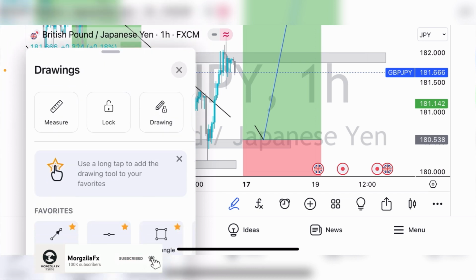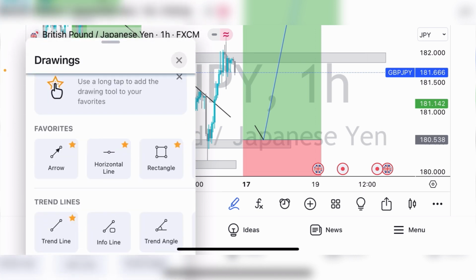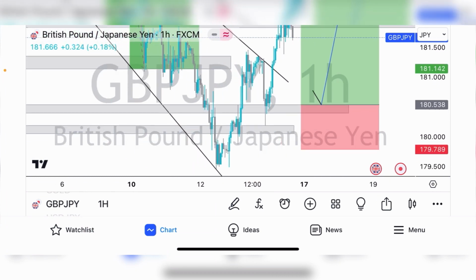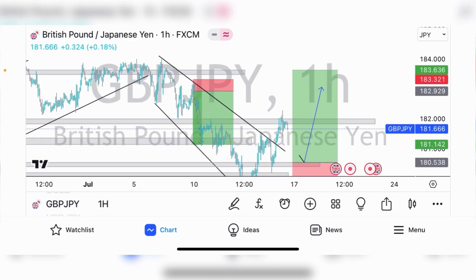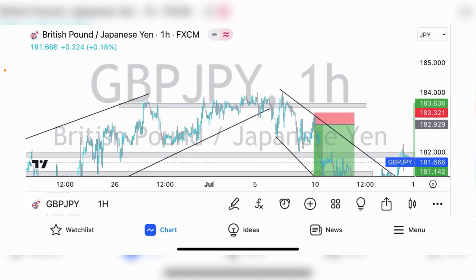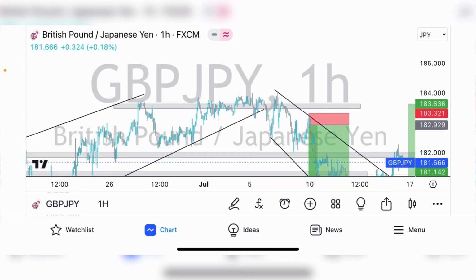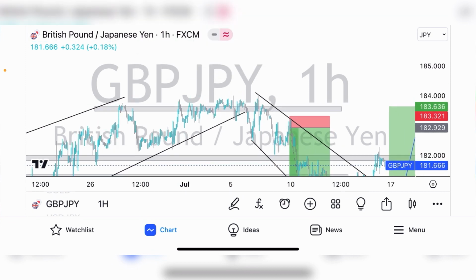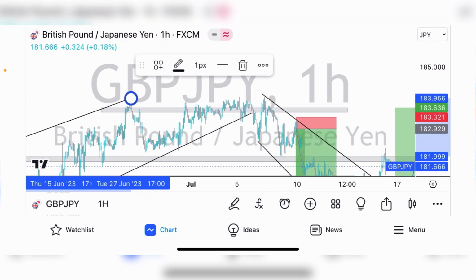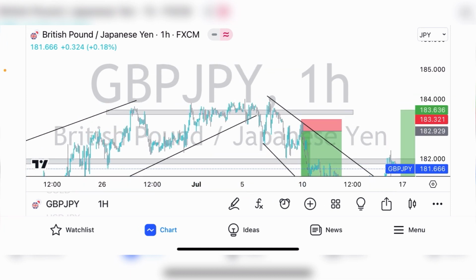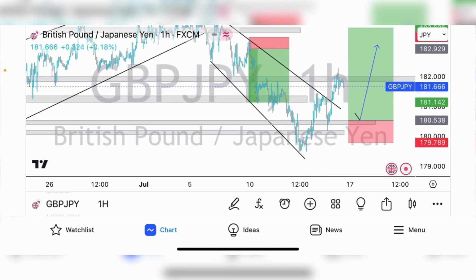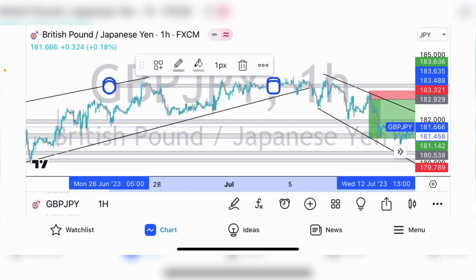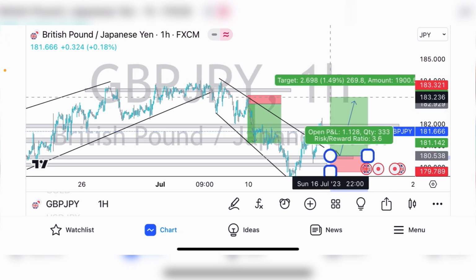So when the market opens, you can open short sells and sell till 180.538, and then you might take buys, longs, and then you swing all the way up. You hold the profits all the way up to this zone where you are taking a profit.